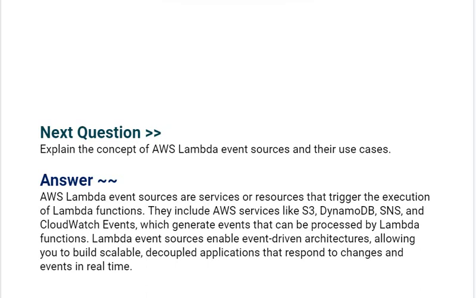They include AWS services like S3, DynamoDB, SNS, and CloudWatch Events, which generate events that can be processed by Lambda functions. Lambda event sources enable event-driven architectures, allowing you to build scalable, decoupled applications that respond to changes and events in real time.